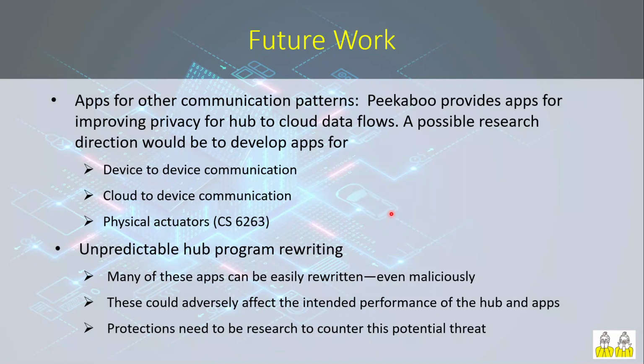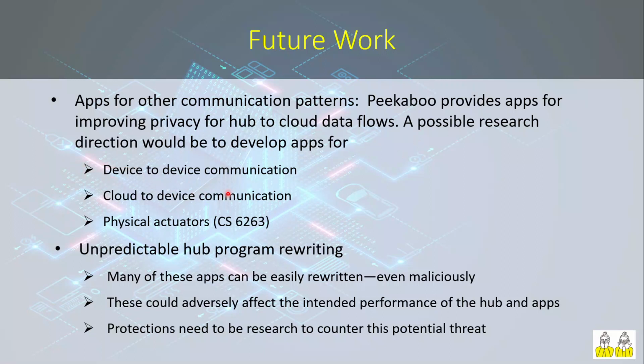Right now, Peekaboo provides apps for improving privacy from hub to cloud data flows only. As you've noticed, Peekaboo takes information from the devices and then sends data to the hubs. That's the only direction it goes. So a possible research direction would be to come up with a design that would support cloud to hub communication, or cloud to device communication, or an approach that would support device to device communication through the hub.